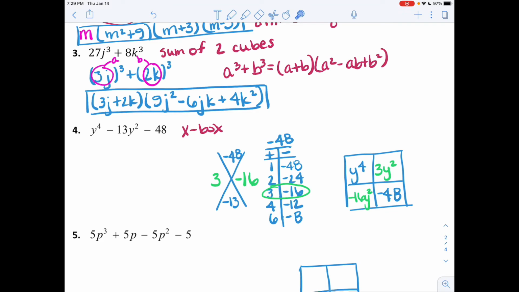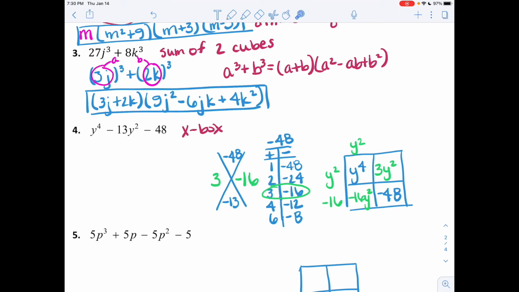Now it's just a matter of finding a GCF between each line and then each column. So if I look at the first line, I see a y squared. If I look at the second line, I see a negative 16. If I look at the first column, I also see a y squared.